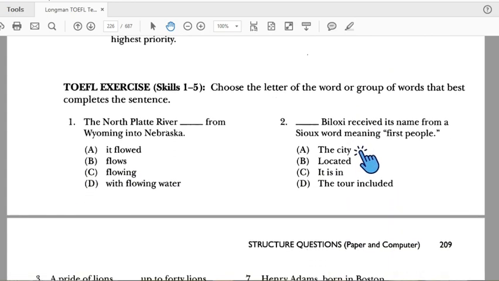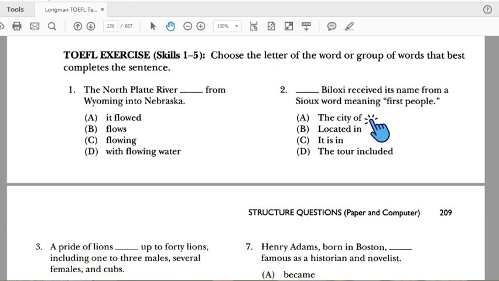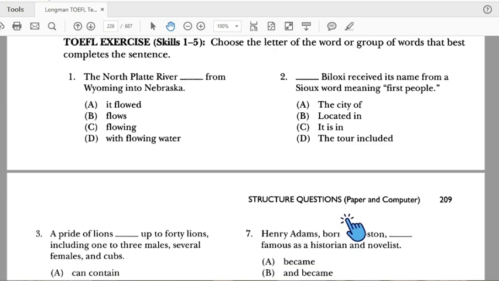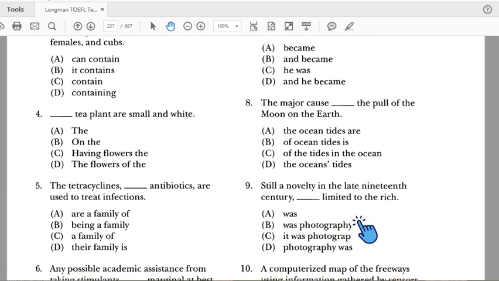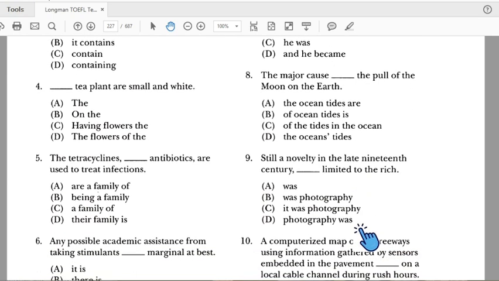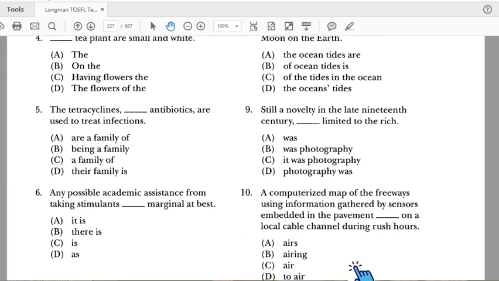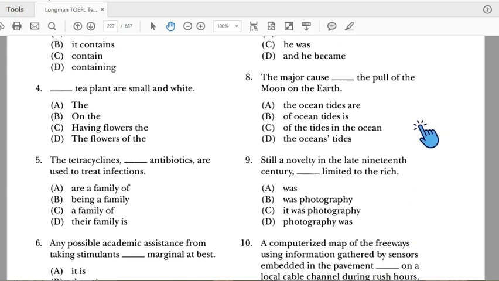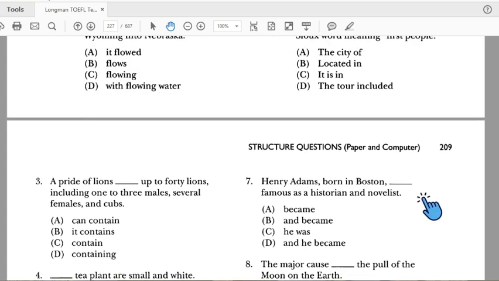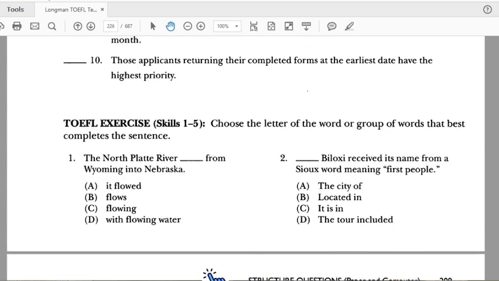Try to do it. If you understand what I have explained before, I'm sure you will not make mistakes. There are 20 exercises. Okay, after you do it, I will explain all the exercises in the next video.